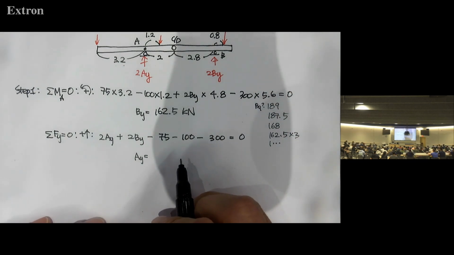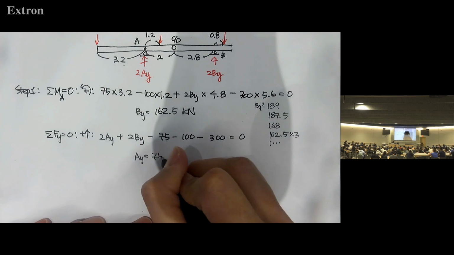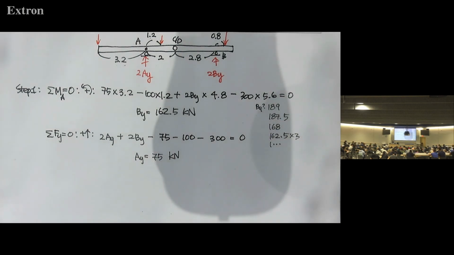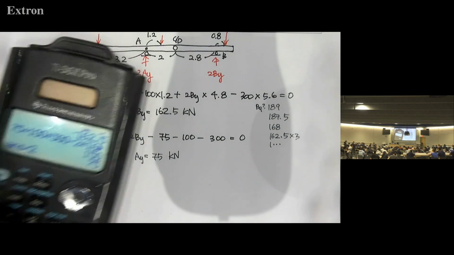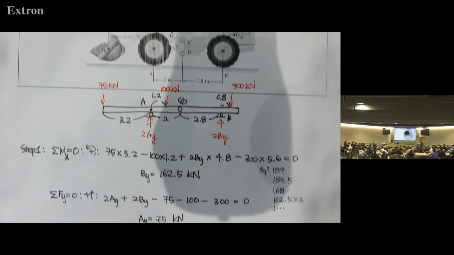Anyone who got AY? 75. Okay, that's what I got too. So 75, good. Now we found the first part, right? So where's the first part?